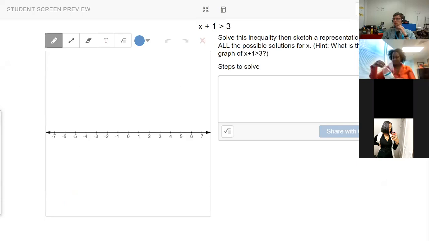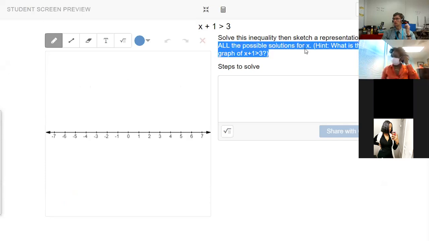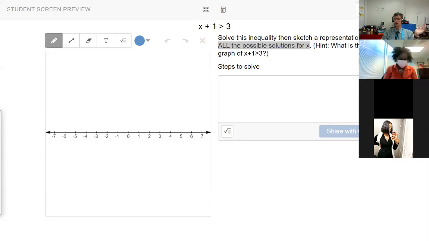So we're solving this inequality with a sketch representing all possible solutions. Normally we're used to saying x equals 3, x equals 2. Now we're saying there's a range of numbers. We want to know exactly where it starts and where it ends. It might end somewhere way off in the distance, but we'll know it goes in that direction. So let's think about x plus 1 greater than 3.